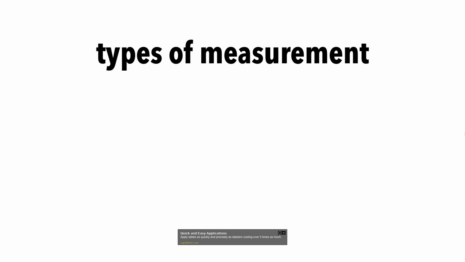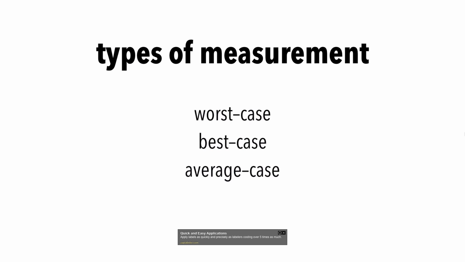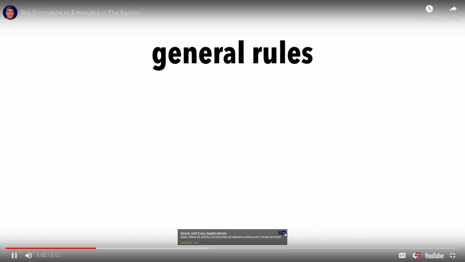There are a couple ways to look at an algorithm's efficiency: worst case, best case, and average case. When we're talking Big O notation, we typically look at worst case. This isn't to say the others are unimportant, however. Talk about a few rules. First, Big O notation ignores constants.